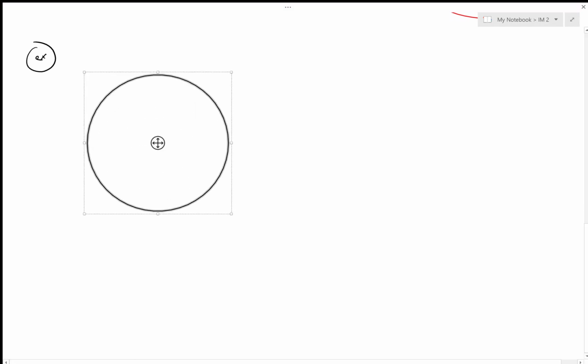Again, circle. We have the center of the circle, and this time we've got a tangent line up here. They tell us that this distance here passes through the center. There we go.